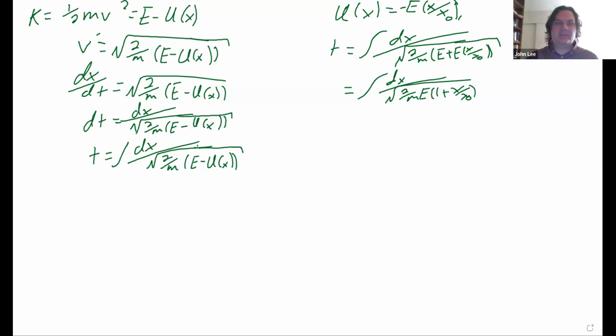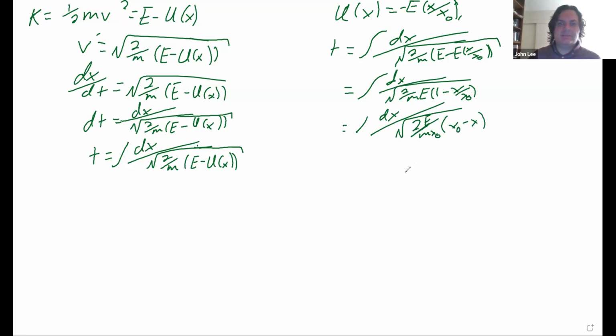Yeah, I think this is supposed to be E times x over x naught, not minus E. Equals the square root of 2 over m x naught, 2E over m x naught, x naught minus x dx.